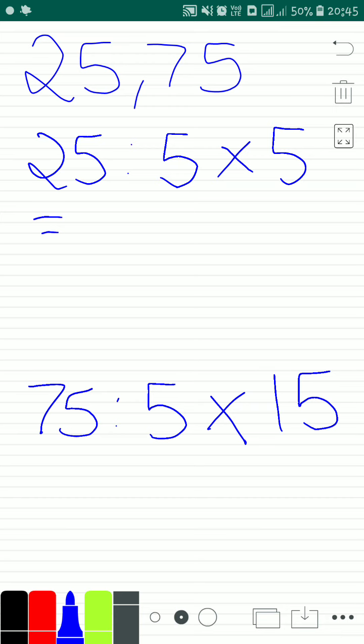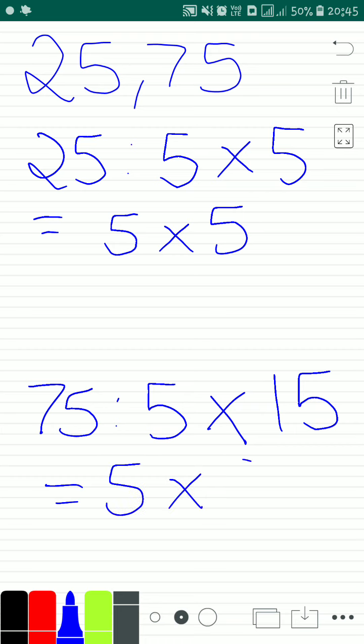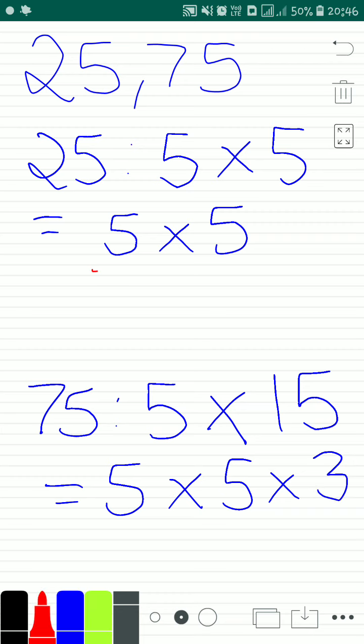Okay. Now this remains as it is because 5 into 5 is prime numbers, 5 and 5 both are prime numbers, and 15 gets expanded into 5 into 3. Now we have to check if the first 5 appears in both. Yes. Second 5 also appears in both. So yes, we are going to take one more 5.